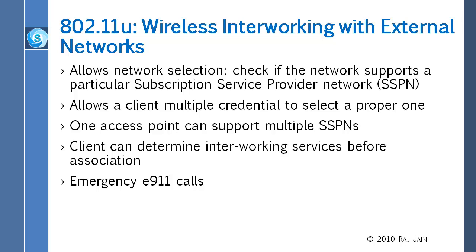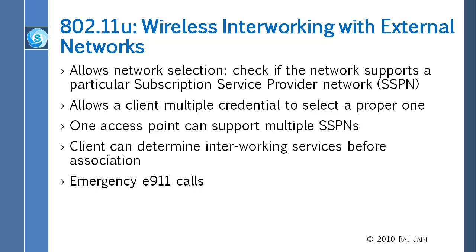Anyway, it says 11U, so it's an extension which says that these are the two new messages we need. This is a new field we need. This says connect me to provider, and that's it. So those messages are defined in this standard. So it allows network selection, checks if the network supports a particular carrier, right?